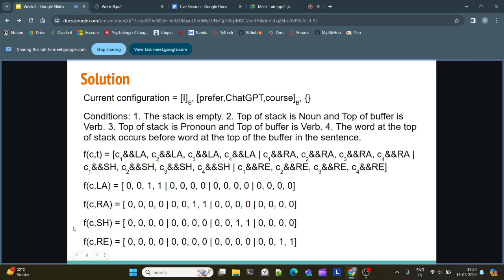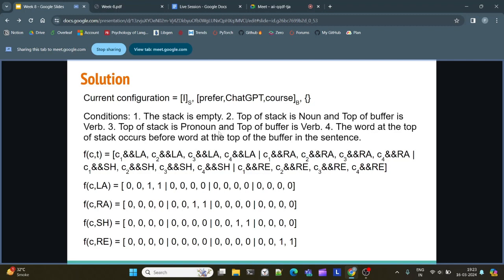Similarly for right arc we would have a very similar thing. Let me just briefly say it. The first 4 would again be 0, because here we are dealing with right arc, but these are features corresponding to left arc, so these are 0. Next, the stack is empty, false, so this is 0. Top of the stack is noun, no, false, so this is again 0.